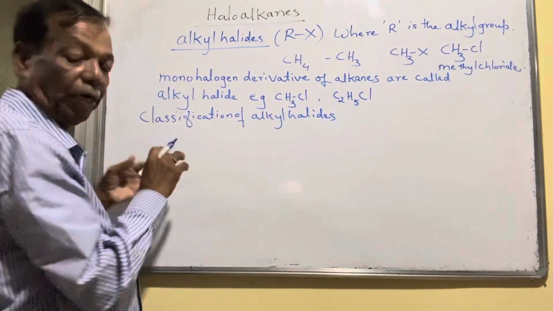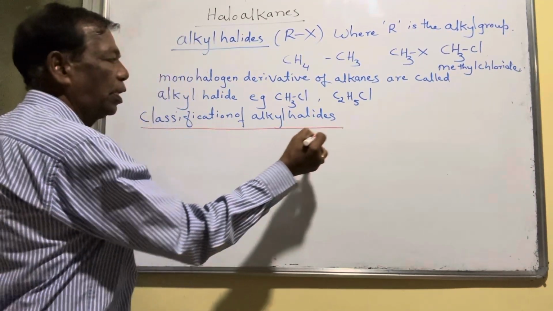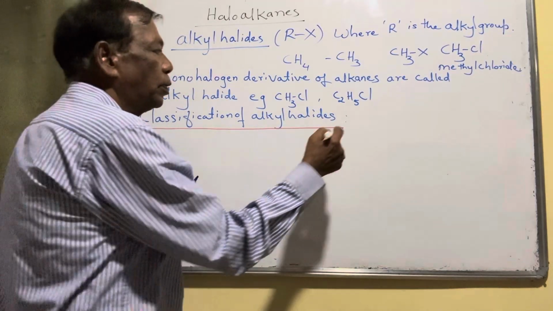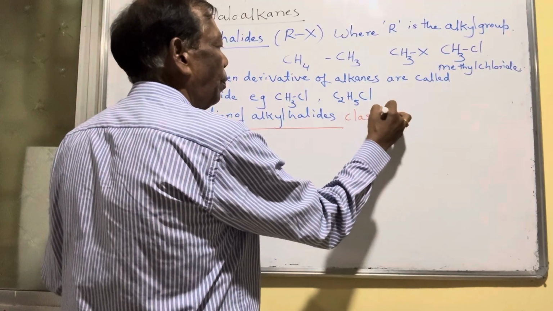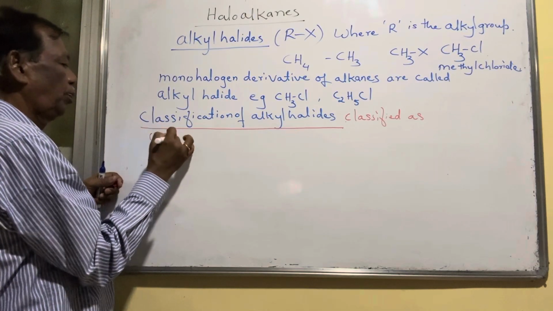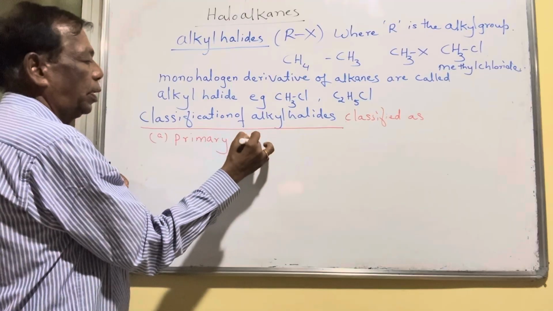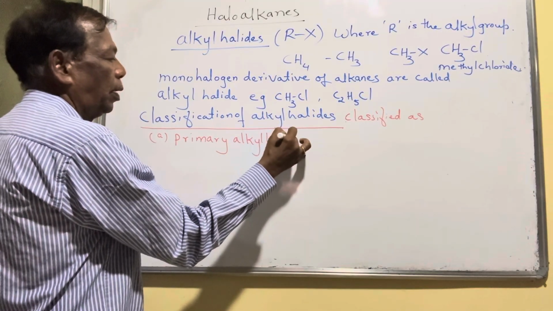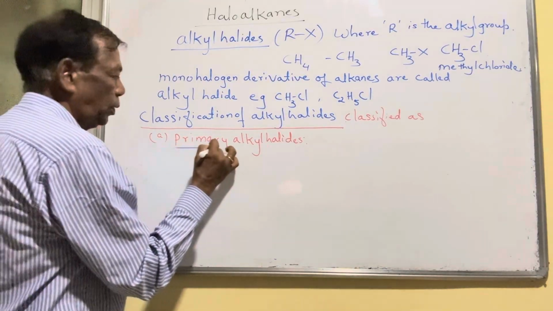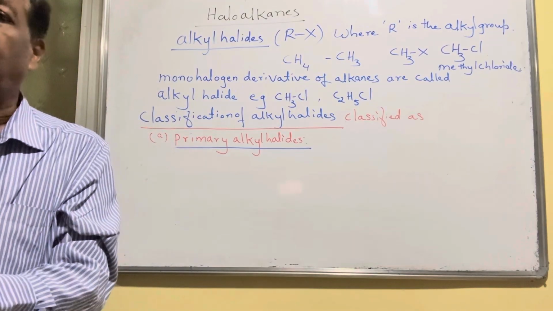Now these are classified as primary, secondary, and tertiary, so I'll write directly here, classified as A, primary alkyl halide. Now what are these primary alkyl halides? When the halogen is bonded to the primary carbon, then they are called primary alkyl halides.